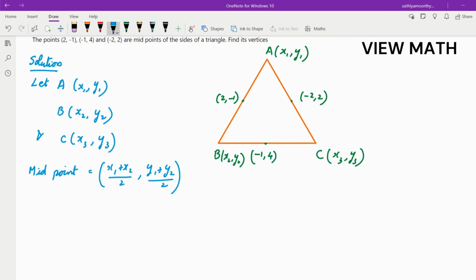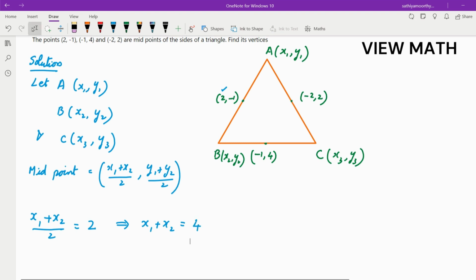Midpoint formula. So now the x coordinate, I'm writing it separately. (x1 + x2)/2 is equal to the x coordinate, which is 2. So I have written 2 here. This implies x1 + x2 = 2 into 2, which is 4.